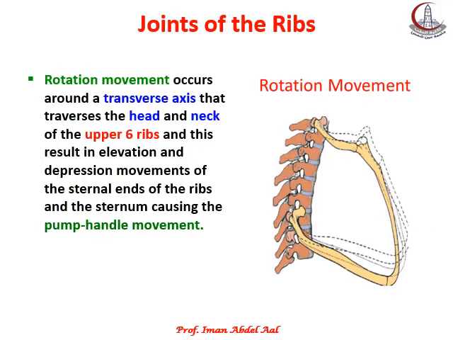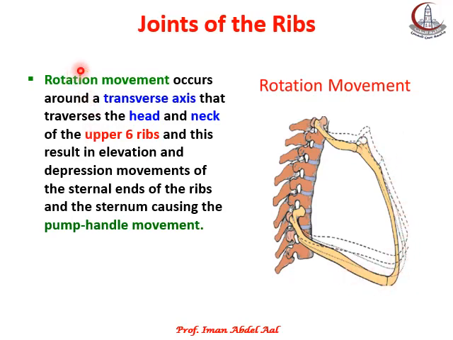We are going now to take the movements of the joint. The movement is either a rotation movement or a gliding movement. Let's begin with the rotation movement. These are the vertebrae, this is the rib, and this is the sternum.